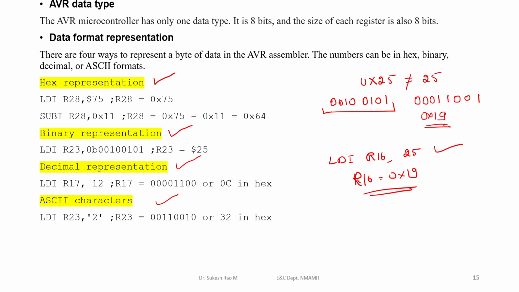Then finally, you have one more, which is ASCII. It's pretty easy to write any value in ASCII. Just put it in quotes, and the value will be loaded. For example, if you wanted to load 2, then the ASCII equivalent of 2 is 32.